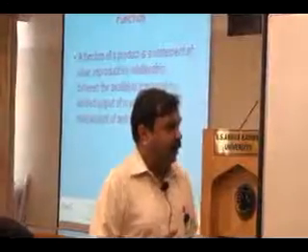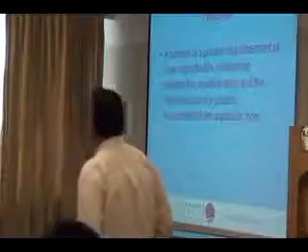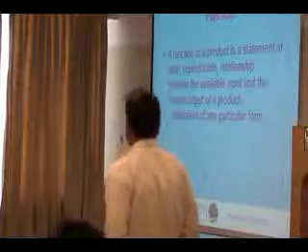A function of a product is a statement of, please understand, a function of a product is only a statement. It is only words. A function of a product is a statement of clear, reproducible relationship between the available input and the desired output of a product. And it is independent of any form.